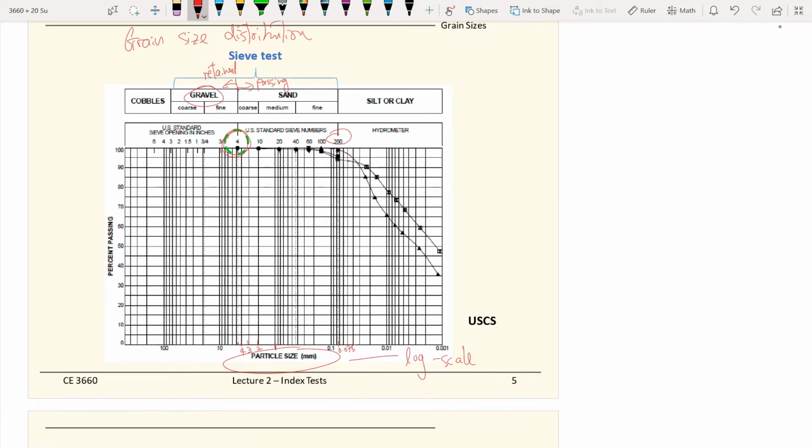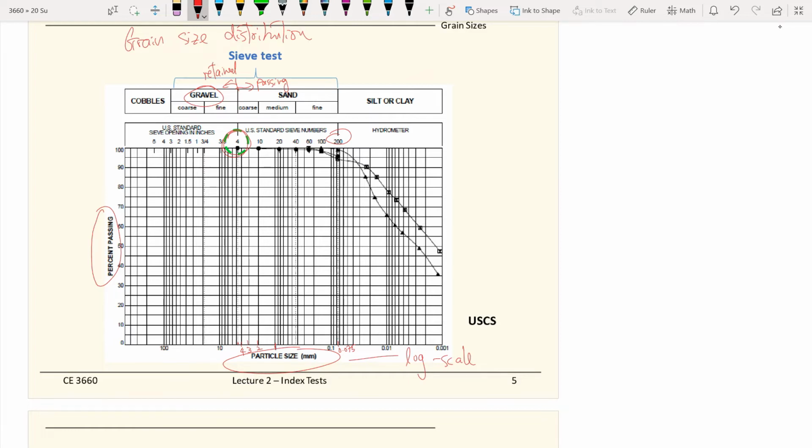If you work through your homework number 2, you are given the sieve test results, and you're required to convert the data into a grain size distribution curve. By the percentage of weight passing each sieve, you should be able to calculate the percent passing. That will be the y-axis, and that will give you the grain size distribution curve.